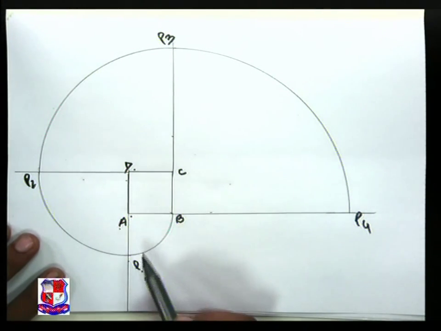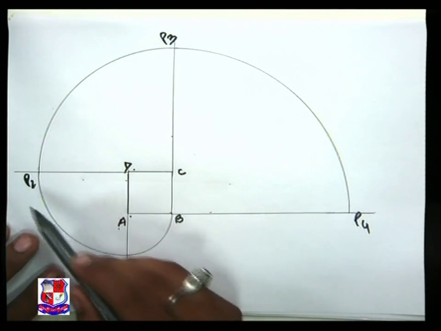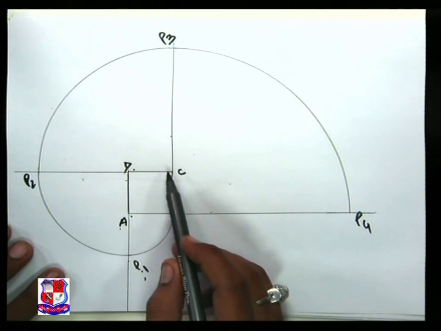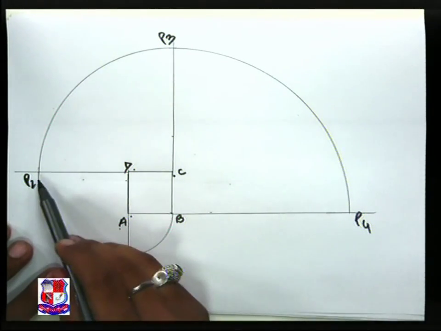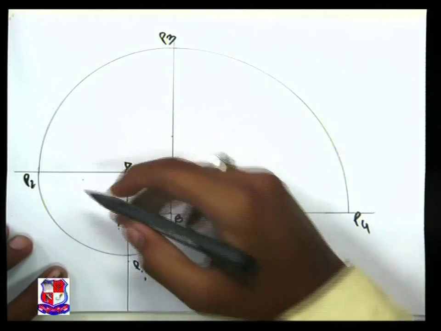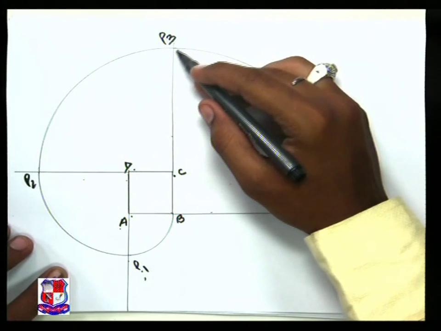Draw an arc. We have got point number P2. Now C as center, CP2 as radius. Draw an arc. We have got point number P3.